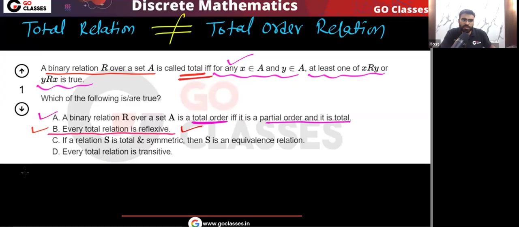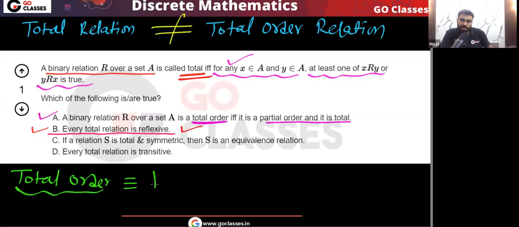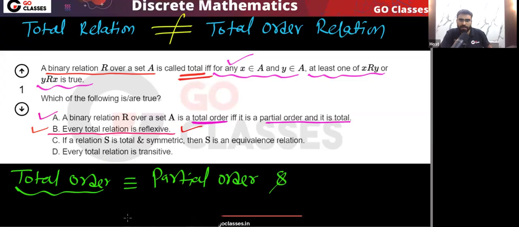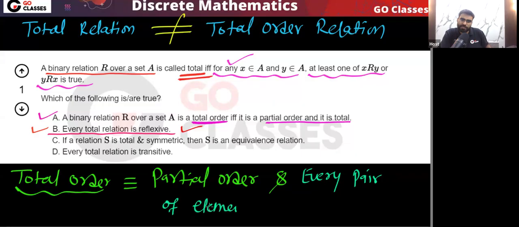You can see what a total order is. In a total order relation, it must be a partial order and every pair of elements must be comparable.